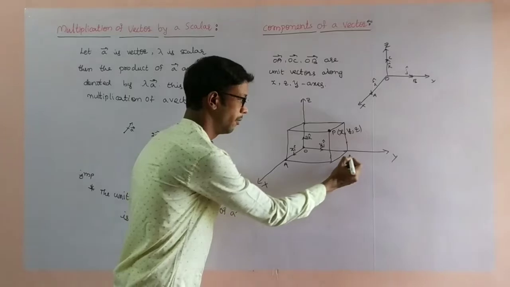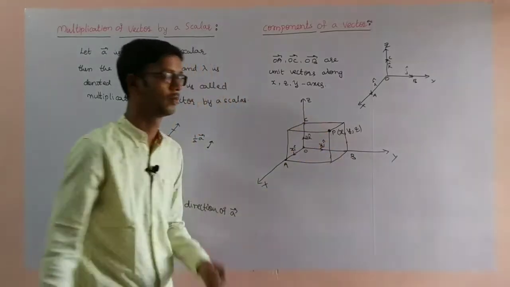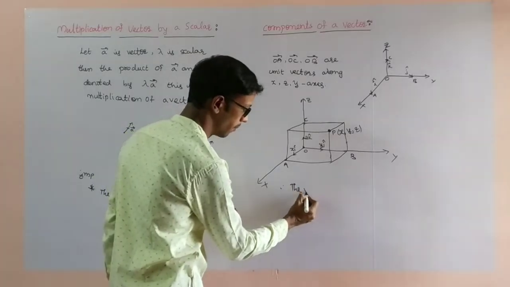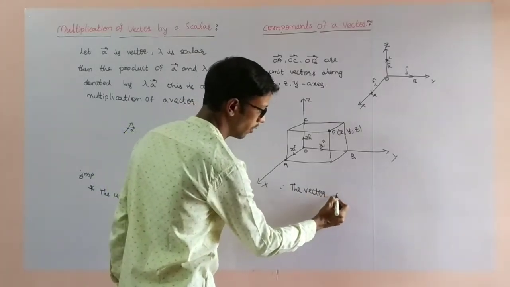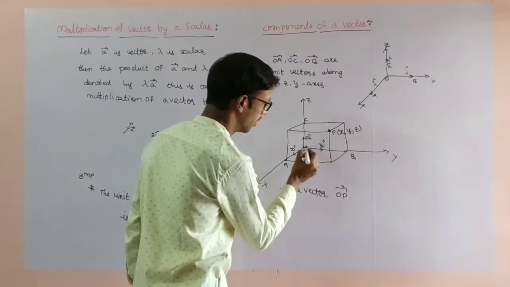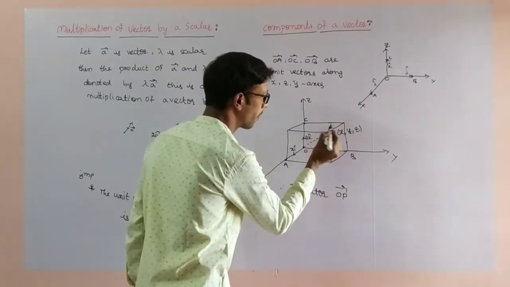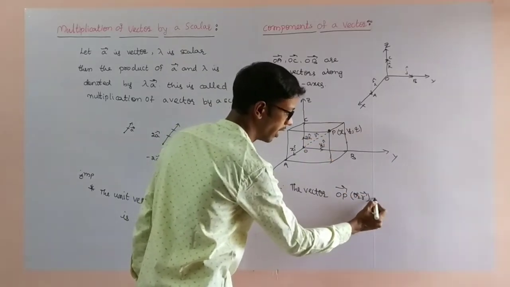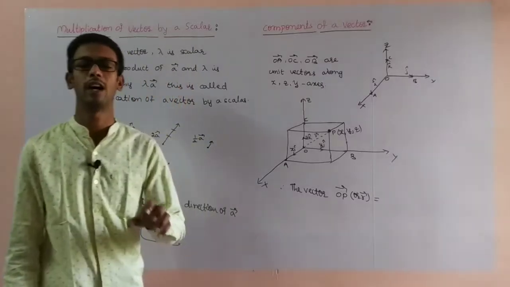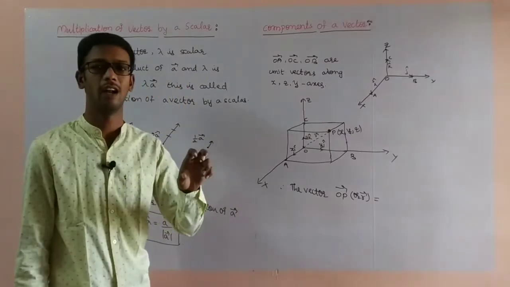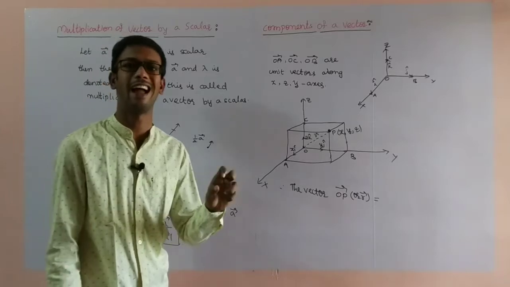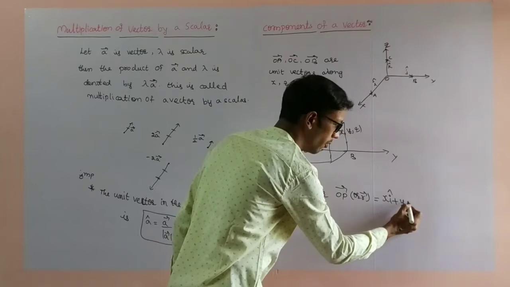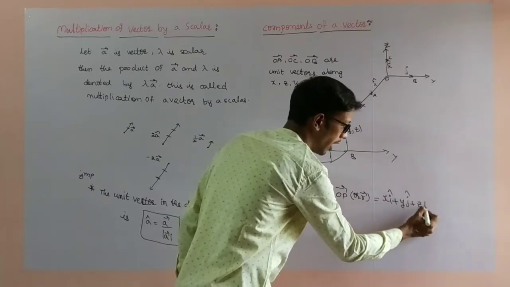These are the points A, B, C. So now the vector OP bar, this will represent OP bar or R bar. In bracket R bar, you can also write it. If you are using the vector triangle for vector addition, the resultant value is x I cap plus y j cap plus z k cap.